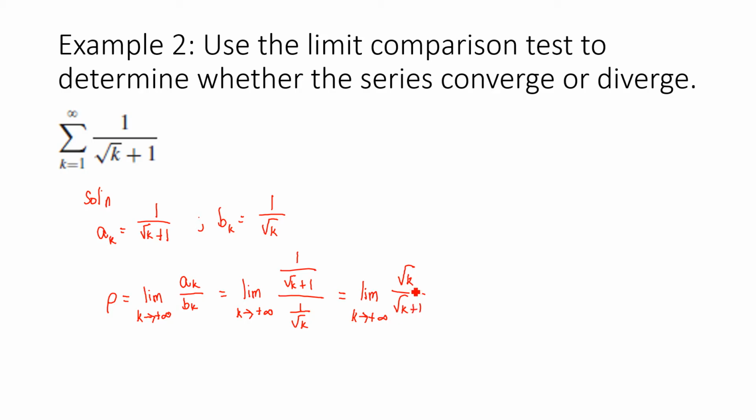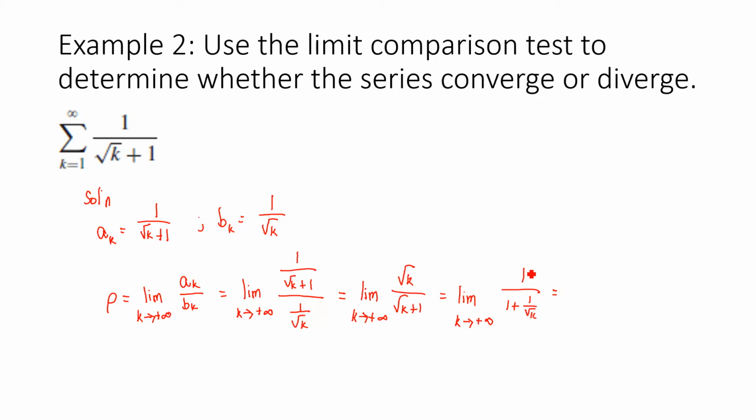So in this case, we could divide the numerator and denominator by the square root of k. Then we have the limit of 1 over 1 plus 1 over the square root of k as k approaches positive infinity. The limit of 1 as k approaches positive infinity is 1, and the limit of 1 over the square root of k is 0.